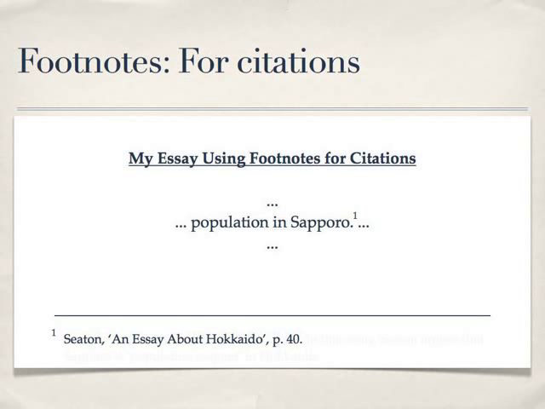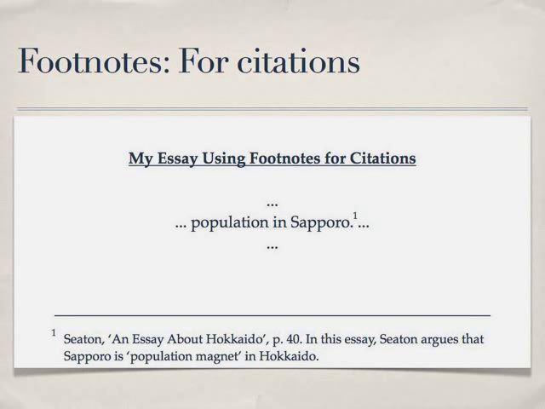Typically in a footnote, we give the author's name, the title of the publication, often in an abbreviated form, and the page. But once again, there are various styles, so check with your teacher or the journal's instructions for authors. If it is appropriate, you can also put additional information in the same footnote after the reference, like this.